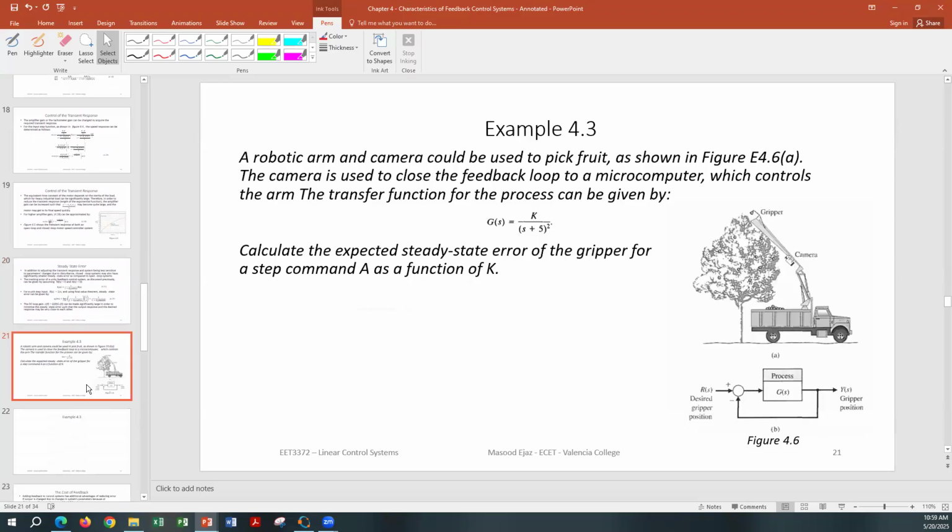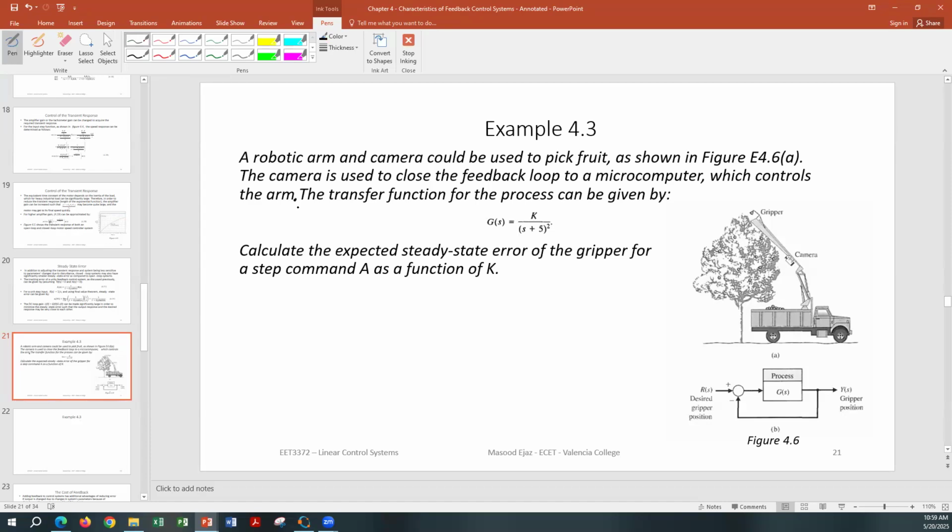All right, example. A robotic arm and a camera can be used to pick fruits as shown in this figure. The camera is used to close the feedback loop to a microcomputer, which controls the arm.